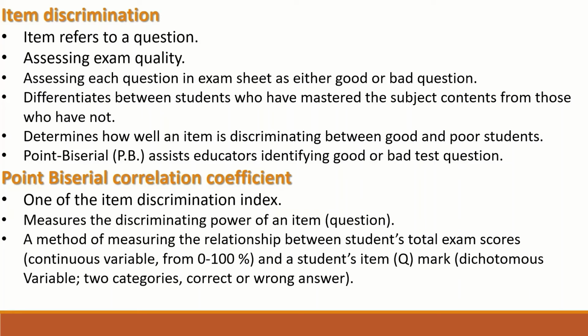It is a method of measuring the relationship between student total exam scores, a continuous variable from 0 to 100, and the student's item mark or score, a dichotomous variable. Dichotomous means two categories, correct or wrong answer.